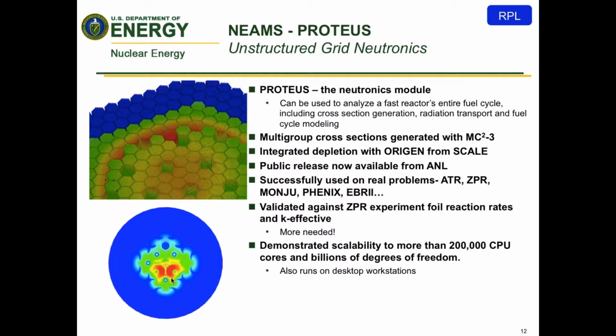It involves the use of the high-fidelity cross-section module, MC²-3. It can also leverage and employ the subgroup cross-section module, which I think helps make it applicable to thermal reactors.